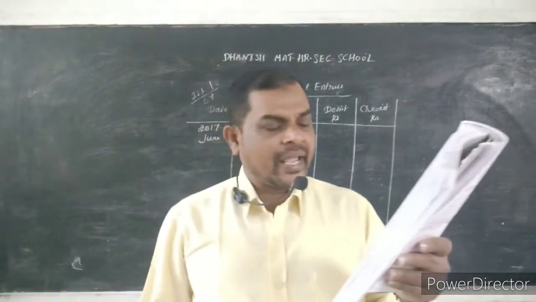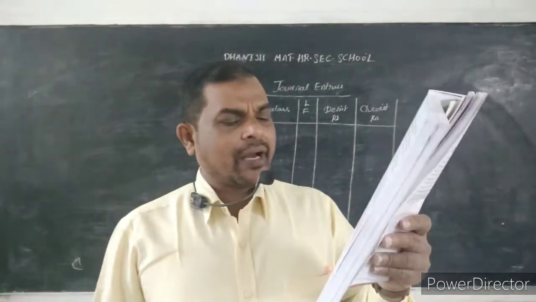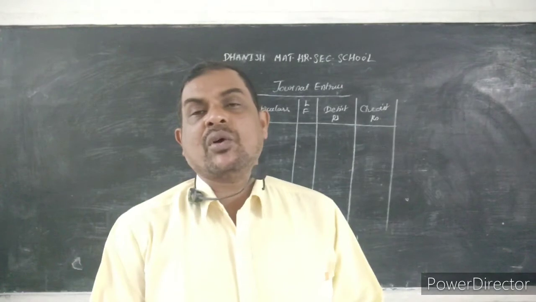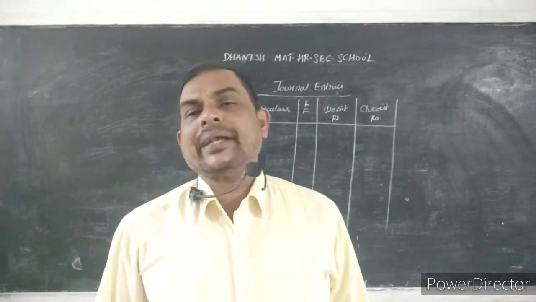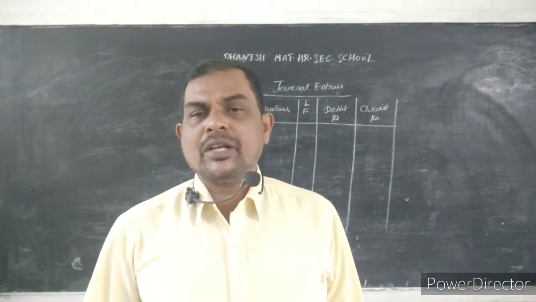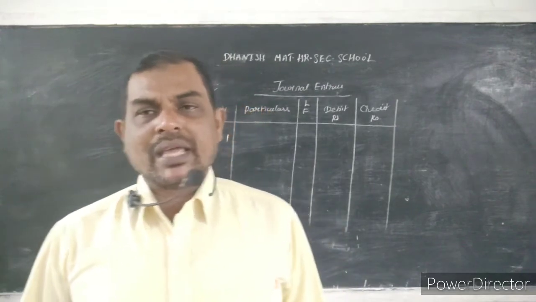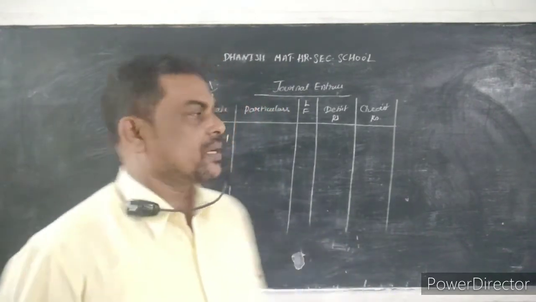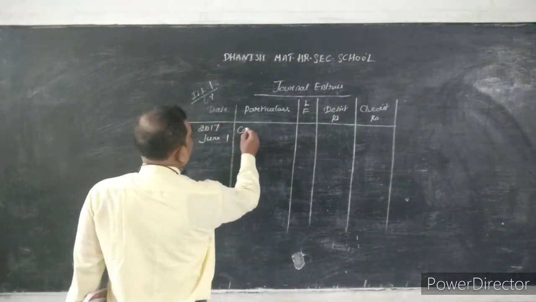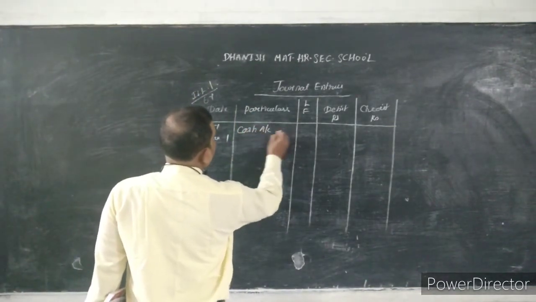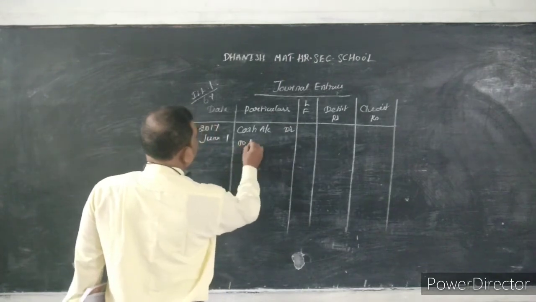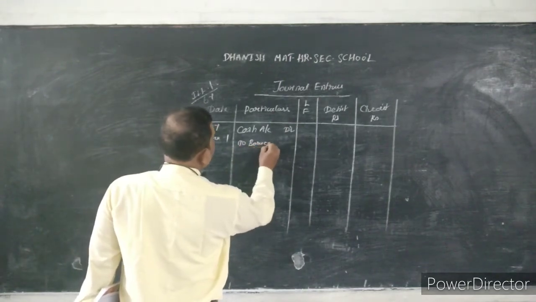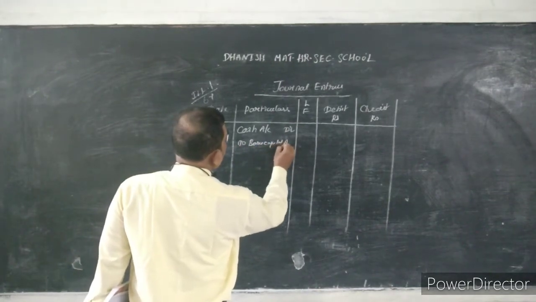What is the first journal entry? Basu started business with cash, rupees 50,000. Here Basu's capital is there. Basu started means Basu's capital. Basu is a personal account, so Basu's capital will come in the credit side, and cash account will be on the debit side. So the journal entry is: Cash account debtor to Basu's capital account.